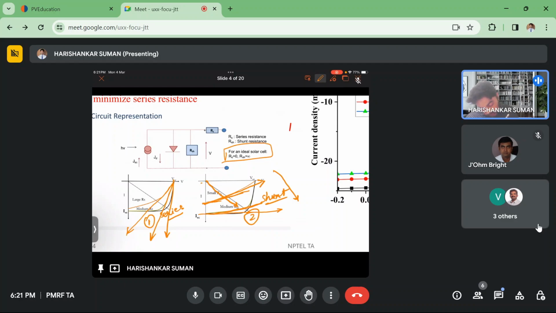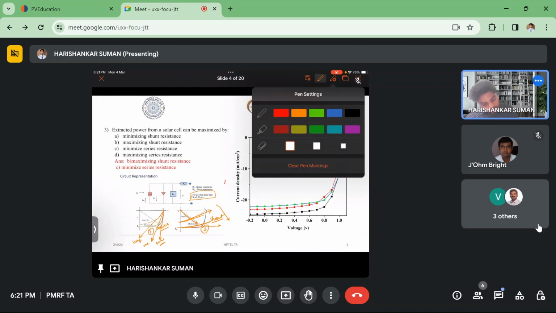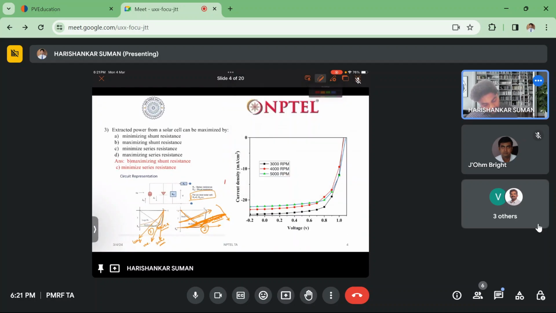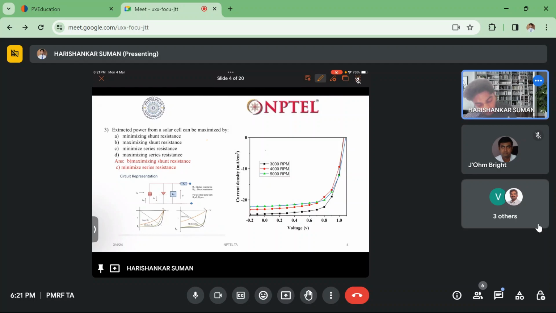This side is large, then medium, then small. Series resistance is getting large to small. So clear to you? For an ideal solar cell, please remember the curve should be like that.